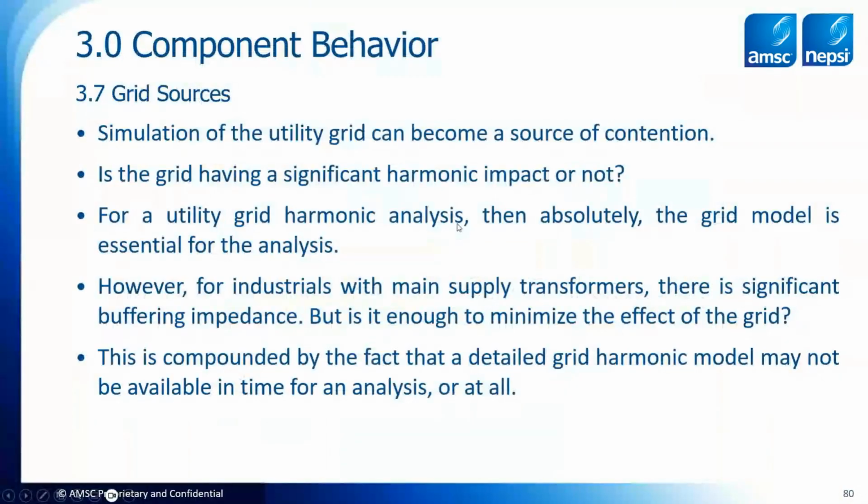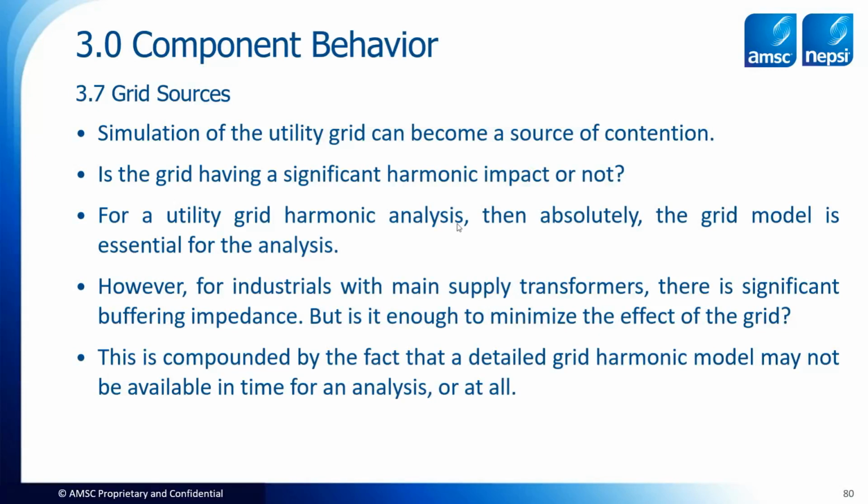In reality, depending on how much simulation work you do and how far you're modeling systems up to the grid connection point, the grid source can also be a source of contention. And that is, is it really having a significant harmonic impact or not?